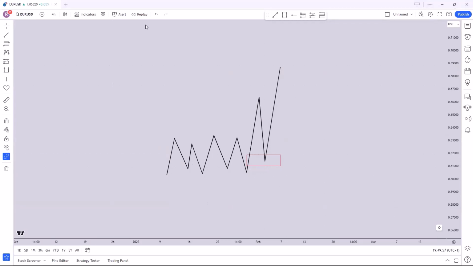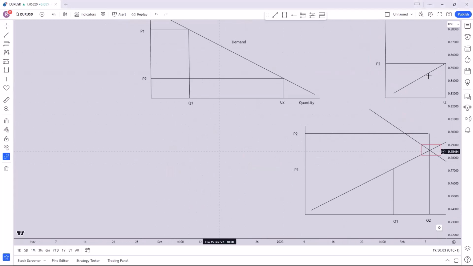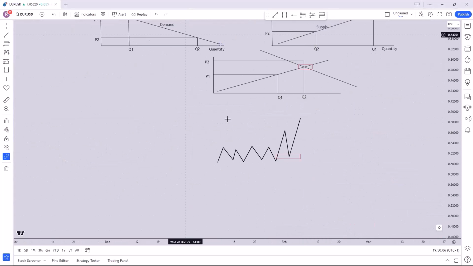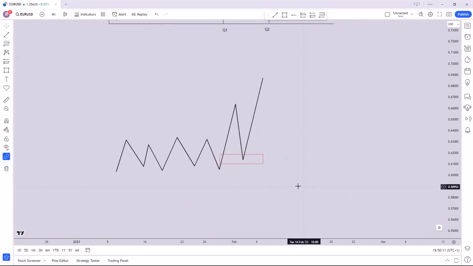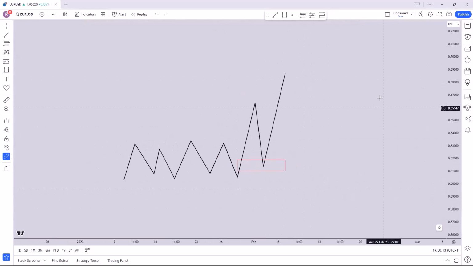So yeah, we've gone through all the most important things in the theory, and we are now gonna go into the live charts and see where these S&D zones, supply and demand zones, actually, what they look like.